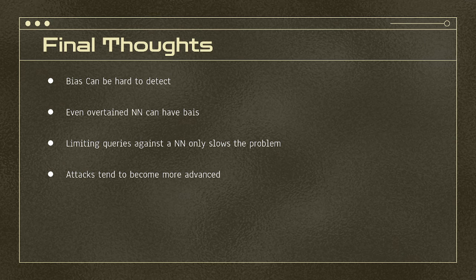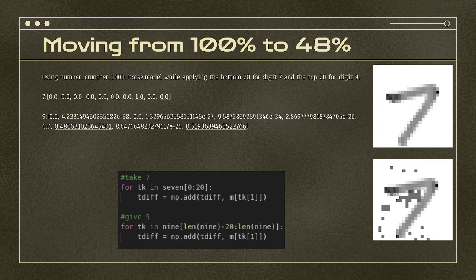And as well, a classic adage of attacks is that they only become more advanced. This is a very primitive brute force attack. I'm pretty sure many very advanced researchers are going to find far more nuanced and elegant forms of attack that will probably be much harder to detect.